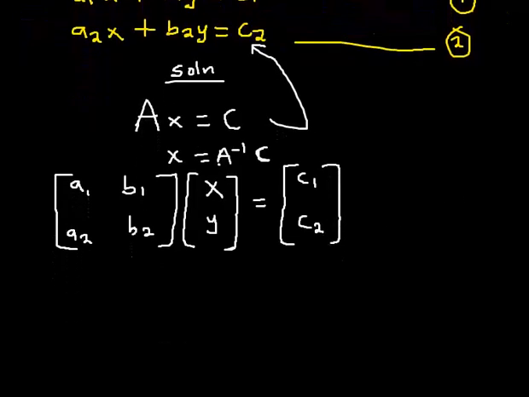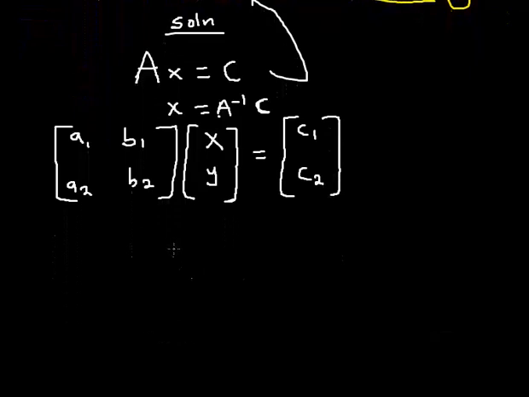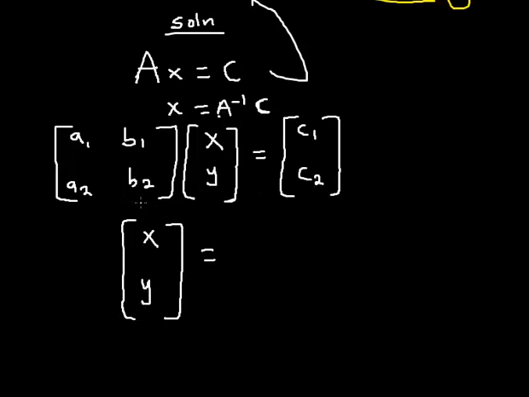With what I have here, it is very easy for me to get the value of my unknowns x and y. How will I do that? To get the value of x and y in the form of a 2 by 1 matrix, all I need to do is take this 2 by 2 matrix to the right side of the equation, but it will go there as an inverse.